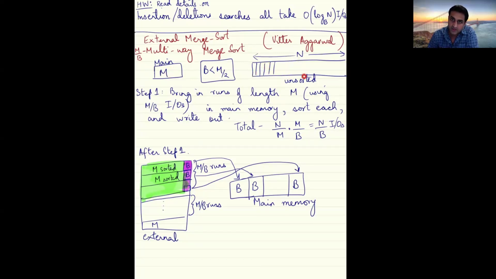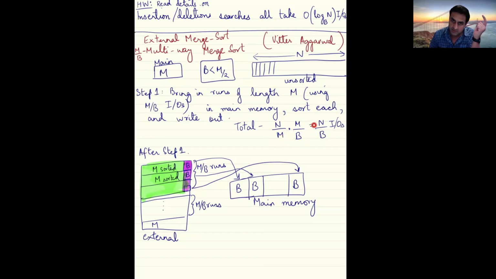And how many chunks are there of size M? This is all simple division stuff. So yeah, N over M, correct? So for each chunk, of which there are N over M many, I will pay M over B IOs.